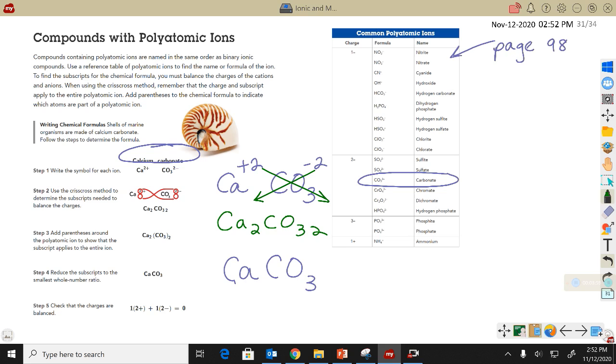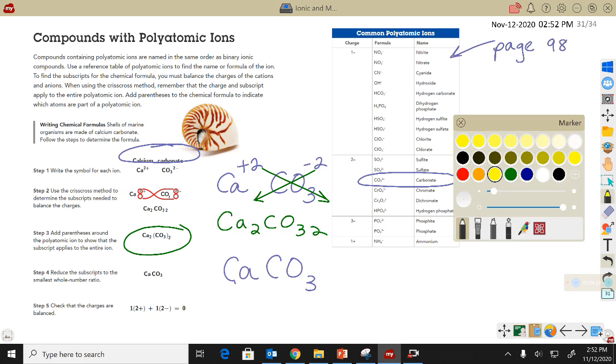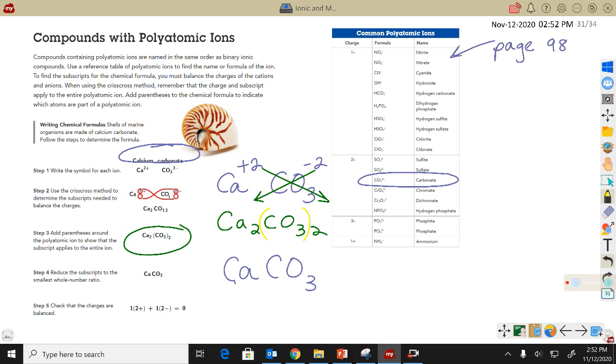If I'm crisscrossing the charges, I want 2 groups of carbonate. That's like a group deal. So here they're showing the CO3 group in parentheses with the 2 on the outside. That shows that I have 2 groups of CO3.